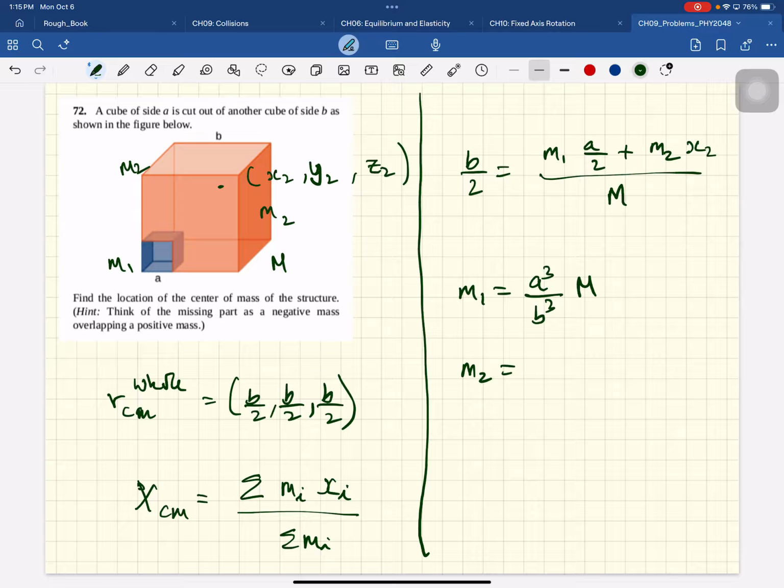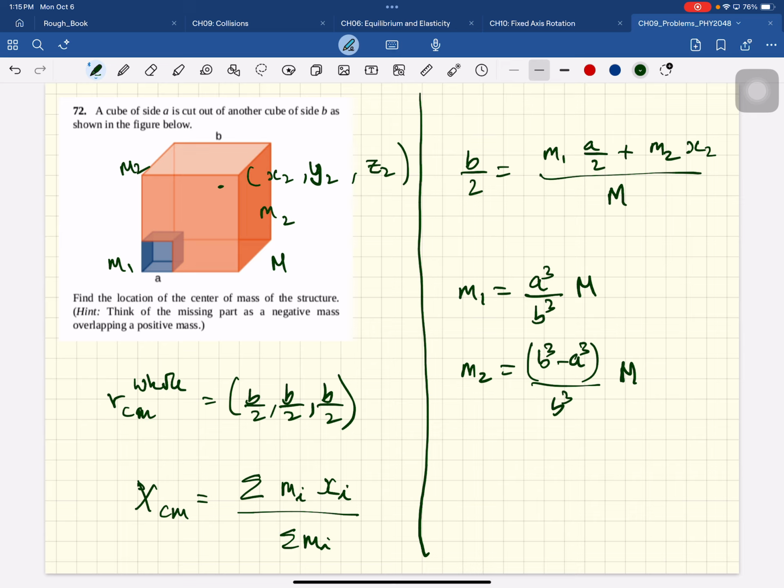What is the volume of the second piece? You throw away that piece. So that's the mass M2.